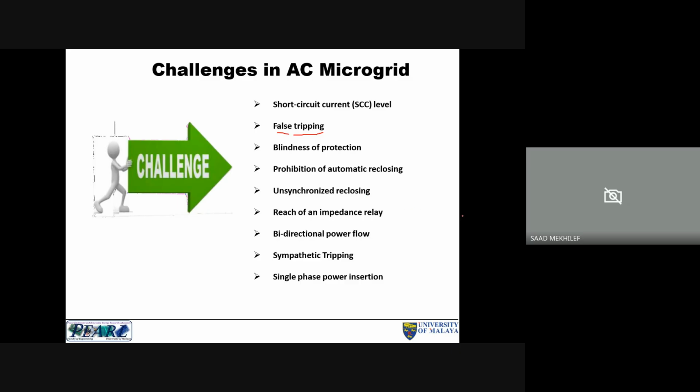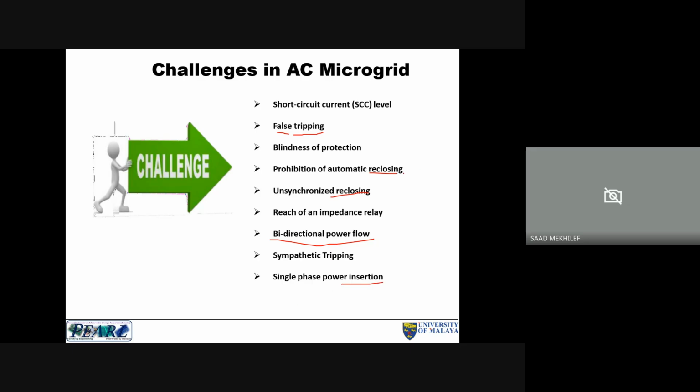Then blindness of protection, and then automatic reclosing and synchronized reclosing, because when you disconnect from the grid and then want to reconnect, that causes problems. Reach of impedance relays, bidirectional power flow, and some systematic tripping, single phase power insertion.